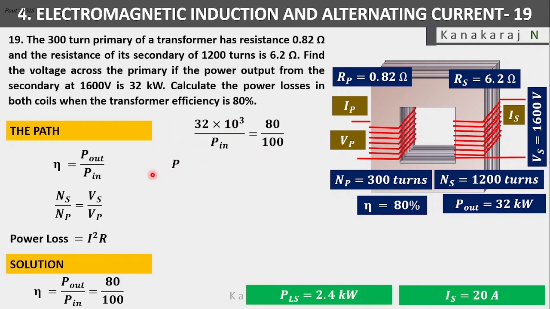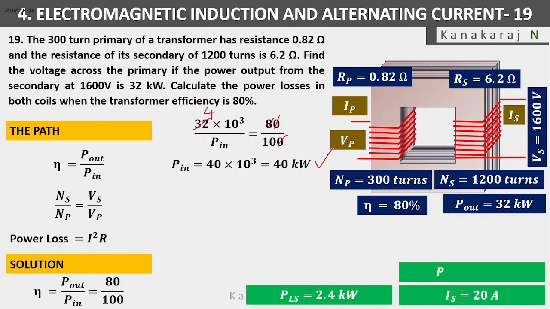From here we get power in equals 40 into 10 power 3, that is 40 kilowatt, because one cipher and one cipher cancels, right? 8 goes into 32 how many times? It's 4 times, and you get 40 into 10 power 3, which is equal to 40 kilowatt. A simple calculation. So we have found the input power.